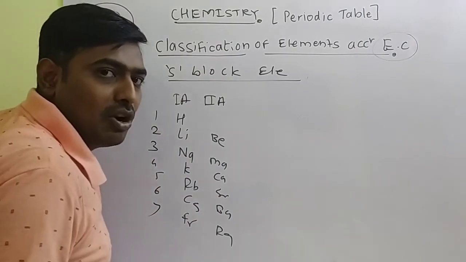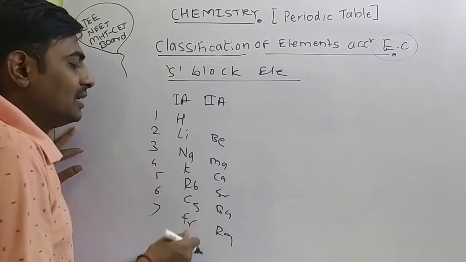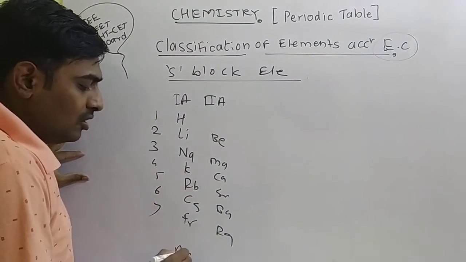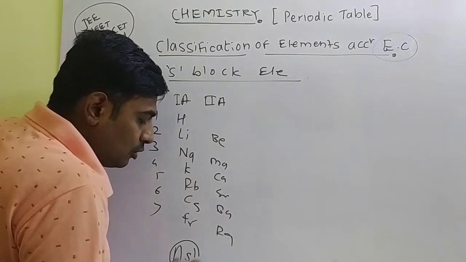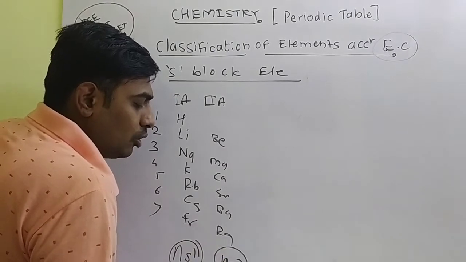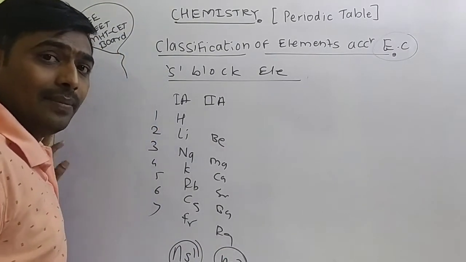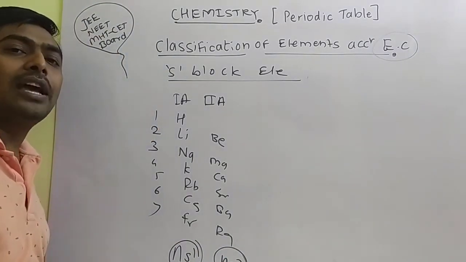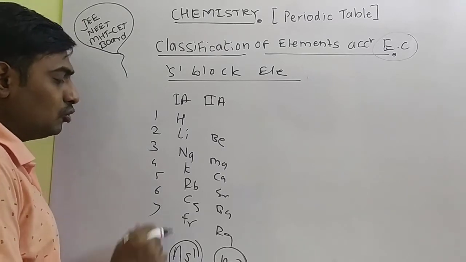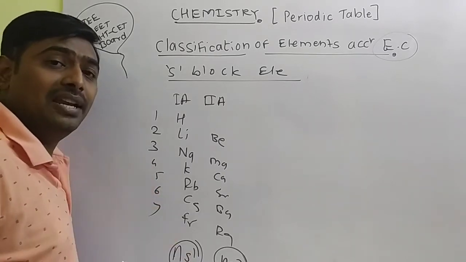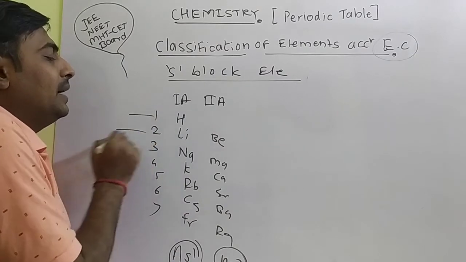The first group has one valence electron, so it shows the general ns1 electronic configuration. The second group has two electrons in the valence shell, so it has ns2 configuration, where n is the principal quantum number, the shell number, or the period number.